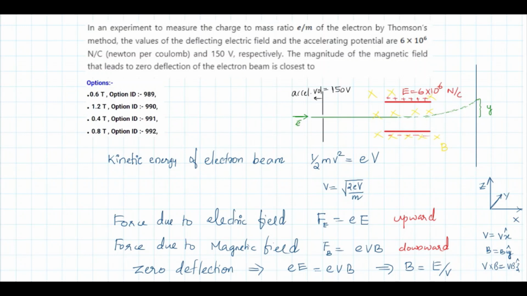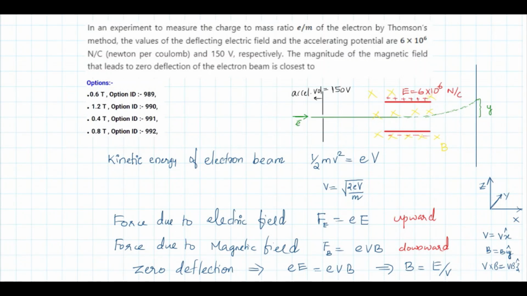The magnetic field will produce a force given by eVB if we apply the magnetic field perpendicular to the plane of the beam. Suppose I apply the magnetic field into the plane of the paper, or into the plane of the board.